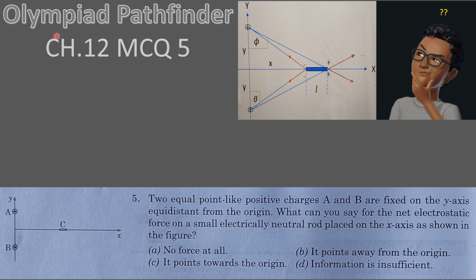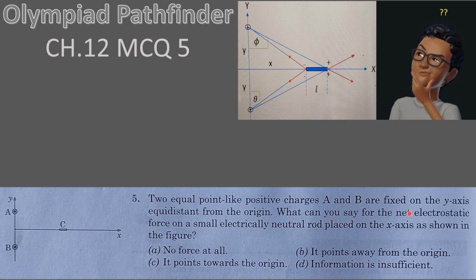This question has been taken from Olympiad Pathfinder, Chapter 12, Multiple Choice Question number 5. The question says, two equal point-like positive charges A and B are fixed on the y-axis, equidistant from the origin.